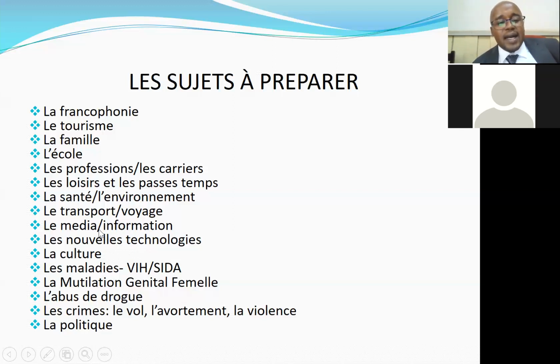Then we have le media et l'information. So we're talking about media, and when you're talking about media and information, then we're also talking about la technologie moderne. It's important to remember la technologie moderne. Like now we have le téléphone portable, the mobile phone.